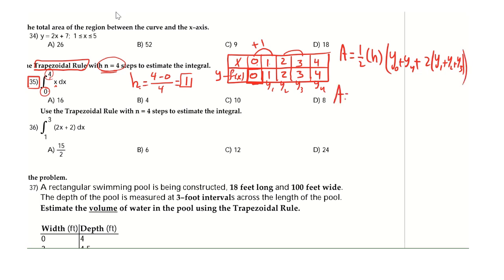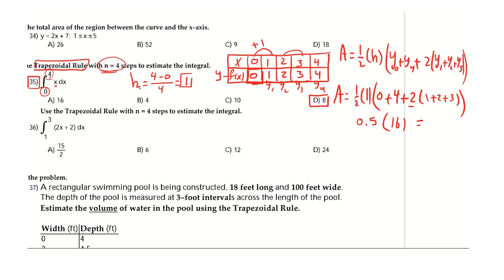So area is equal half, h is 1, y naught is 0, y4 is 4, plus twice the sum of the values, 1 plus 2 plus 3. So it's half, which is 0.5, times 0 plus 4, plus 1 plus 2 is 3, 3 plus 3 is 6, times 2 is 12, so it's 16, half of 16, so the answer is 8.